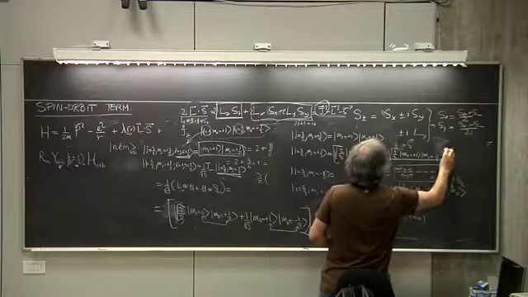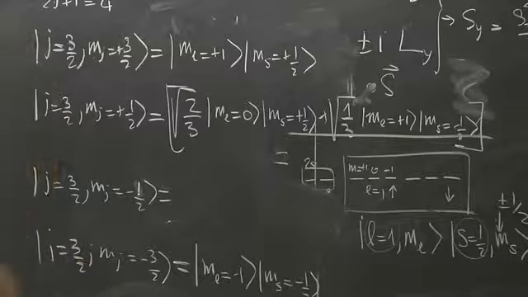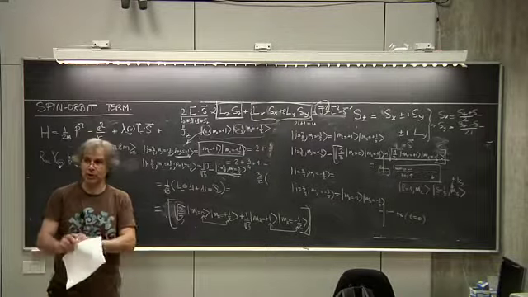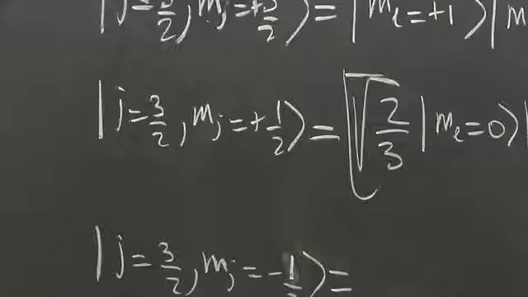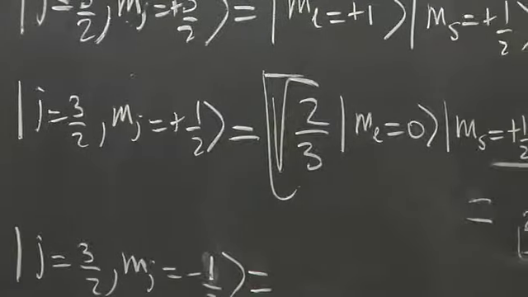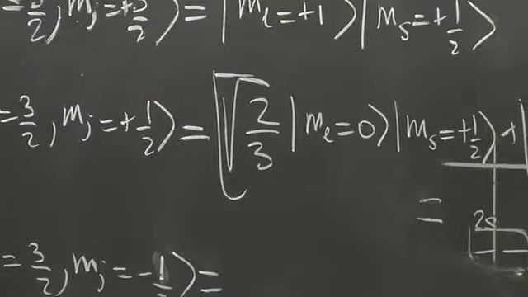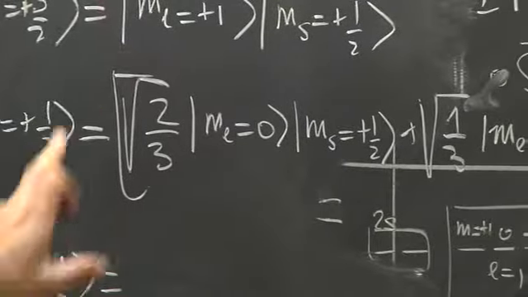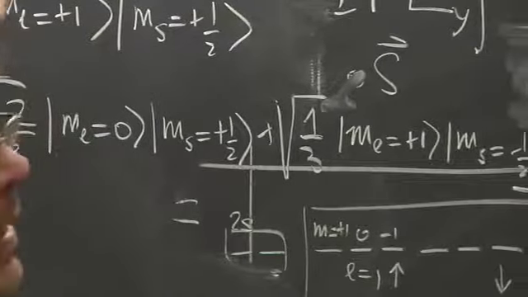Is this clear? So we saw, for the first time, a state that is not a product. It's a sum of 2 products. And they naturally emerge when you study eigenstates of J square, not of Jz, not of L and S separately. Okay? So these are the good combinations which make this term happy.